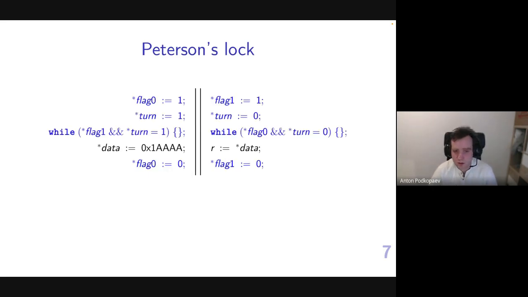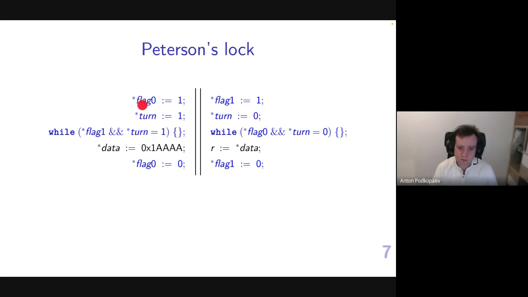Let's take a look at their implementation. Each thread has a flag, and there is also a shared location called turn. What Peterson's lock does: first a thread sets its corresponding flag, and then says that it's now the turn of the other thread to execute its synchronized block.